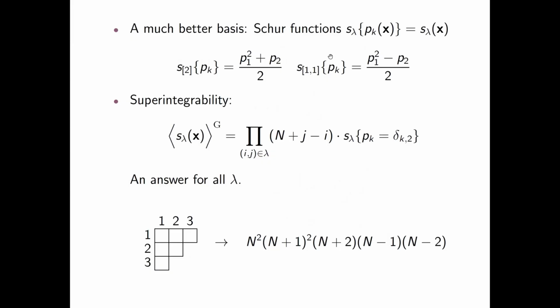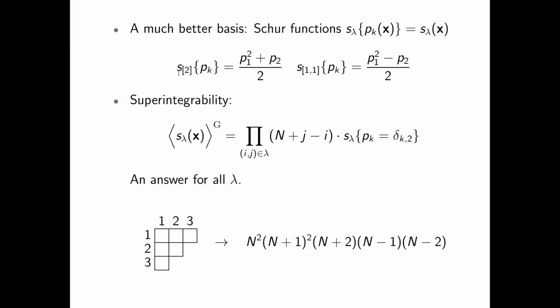These are just two examples of Schur functions. They can be treated either as functions of x or as functions of these p. Since these power sums pk are actually a basis in the space of symmetric functions, we can express the Schur functions in terms of them and treat them as functions of these p variables, like in the examples that I gave.